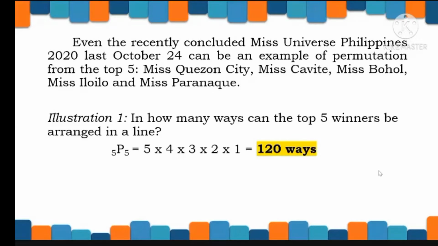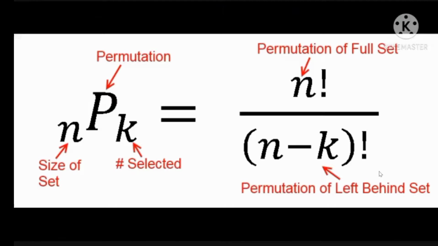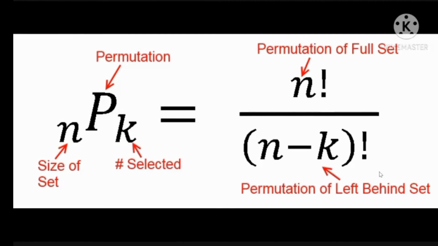Permutation of 5 taken 5 at a time is equal to 5 times 4 times 3 times 2 times 1, which is equal to 120 ways. Therefore, the formula of permutation is P of n taken k at a time is equal to n factorial all over the quantity of n minus k factorial.